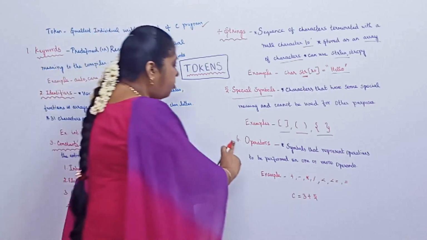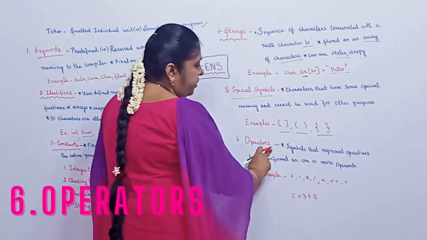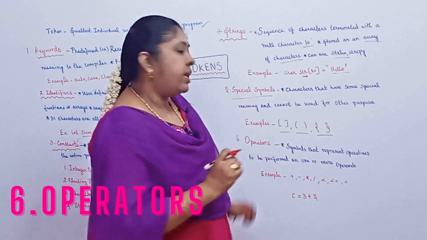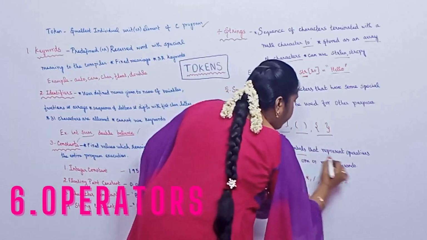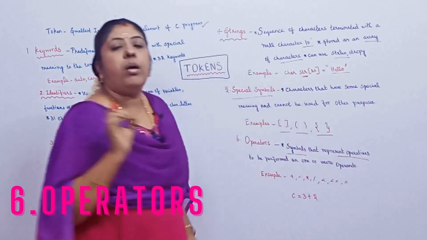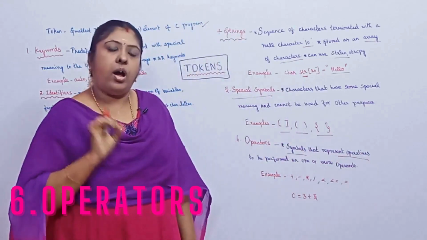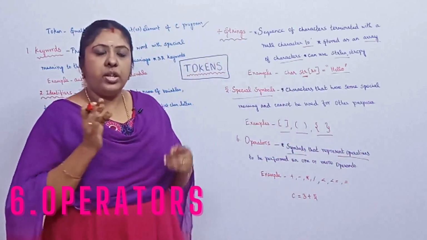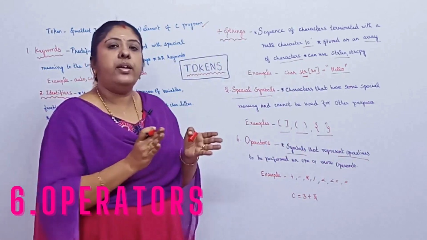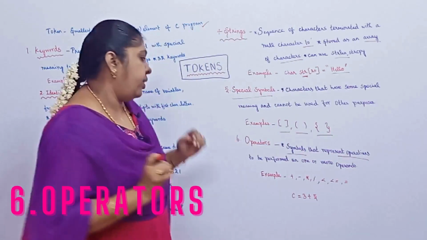And then the last one is the operators. Operators are nothing but symbols that represent operations to be performed on operands. Here we should know the difference between an operator and an operand.